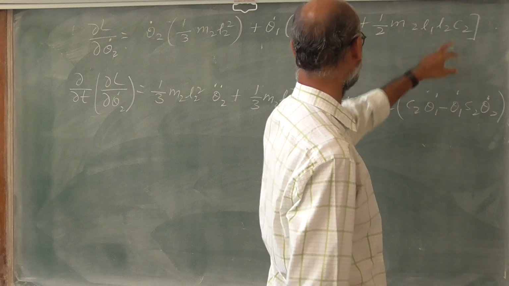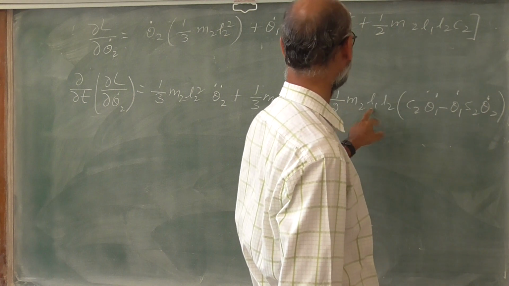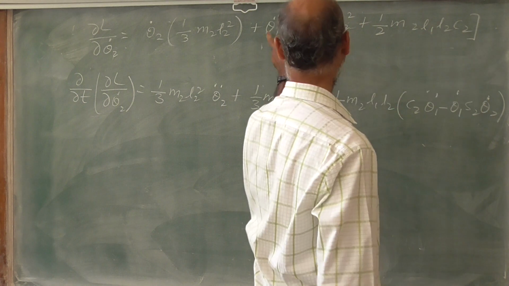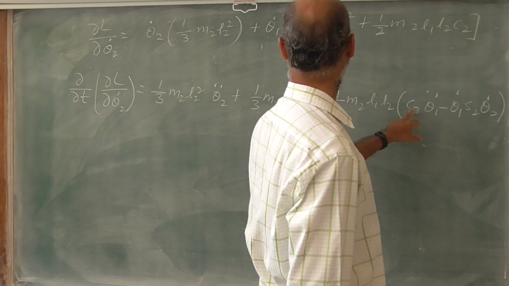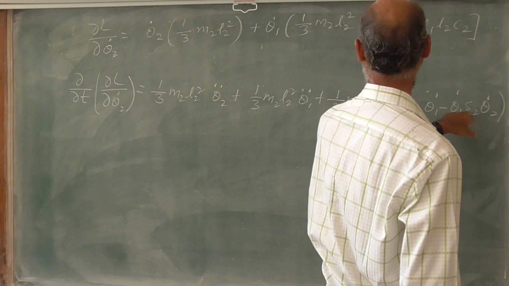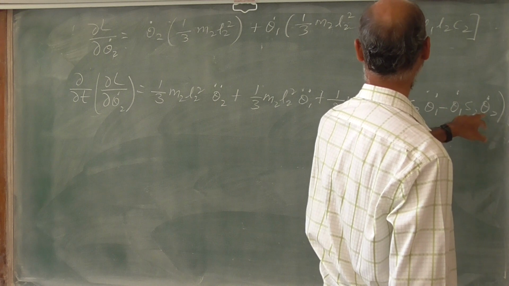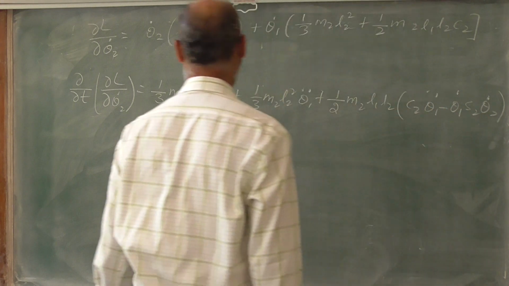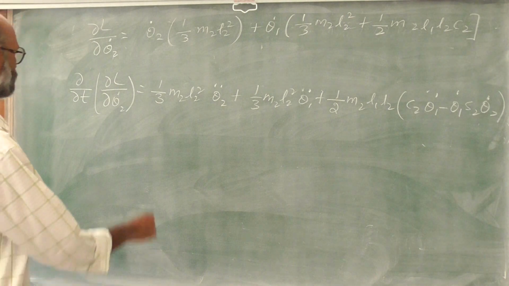Half m2 L1 L2 is there, half m2 L1 L2 c2 into theta 1, I differentiated c2 into theta 1 double dot plus theta 1 dot into the differentiation of c2, which is minus s2 into theta 2 dot. So just expand this equation.